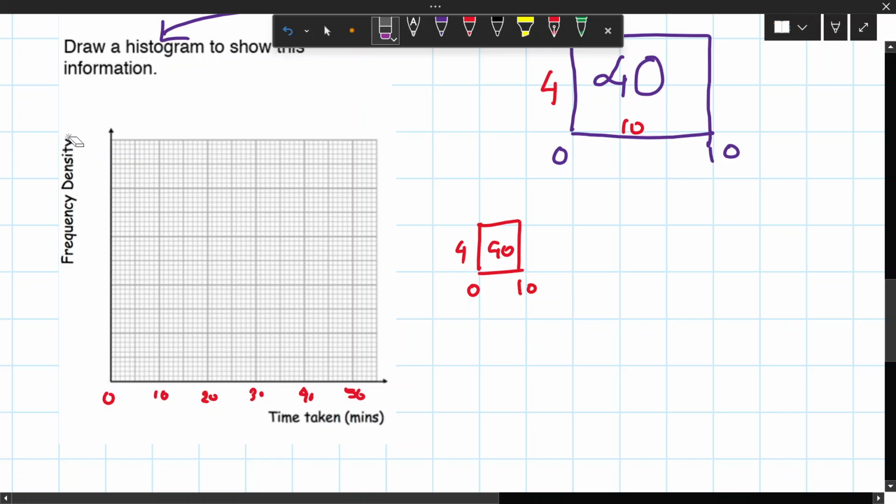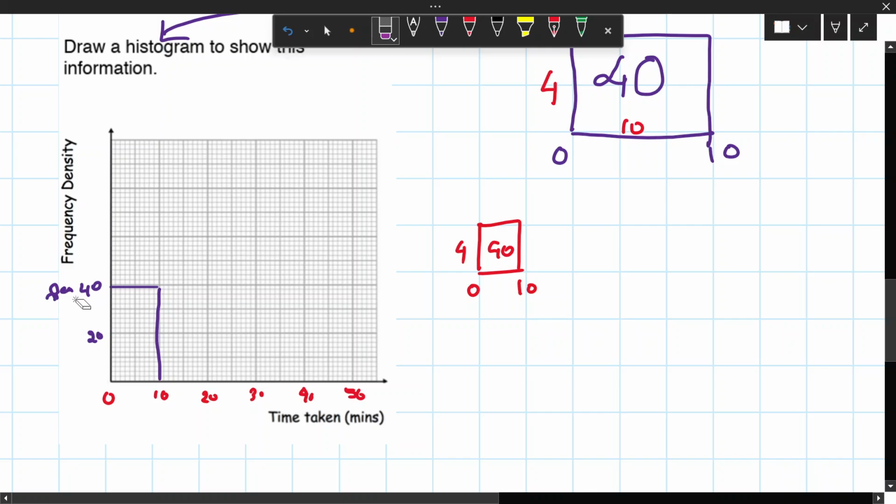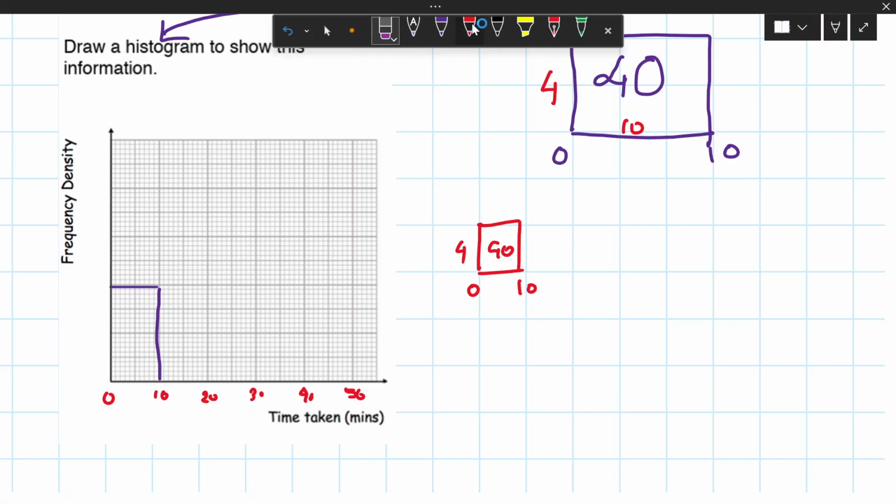People tend to think this is frequency, and they draw a 40 here, thinking it is a normal frequency. So that is one very common mistake that I've seen people make. They tend to write the frequency there and draw a normal bar chart. We're not doing a normal bar chart here. We're doing a histogram.